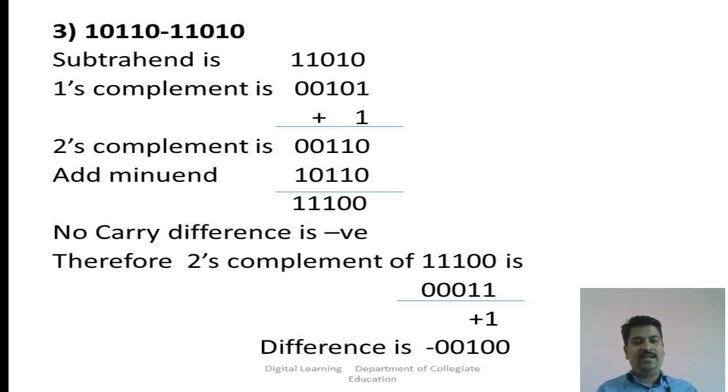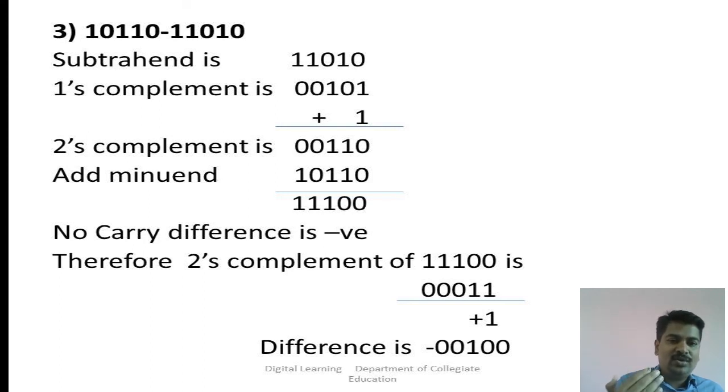You have to be very careful. If I add the 2's complement of a subtrahend to the minuend and the carry is 0, then the answer will be negative. The difference will be negative, but the answer will be the 2's complement of the sum.